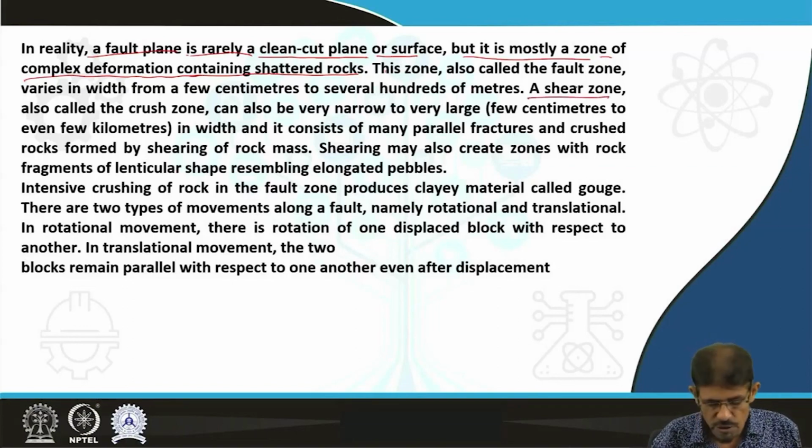Sometimes a shear zone is also a crush zone with deformed and complex structural components, highly deformed and fragile in nature from an engineering point of view. It may range from a few kilometers to a meter or even a microscopic level.